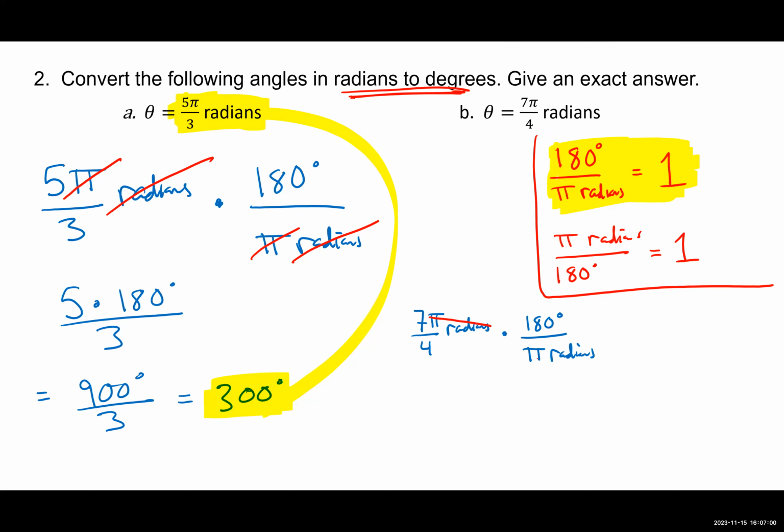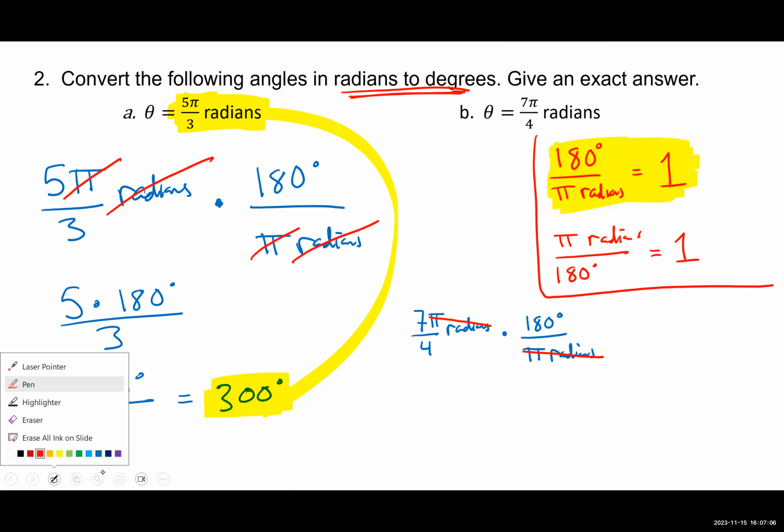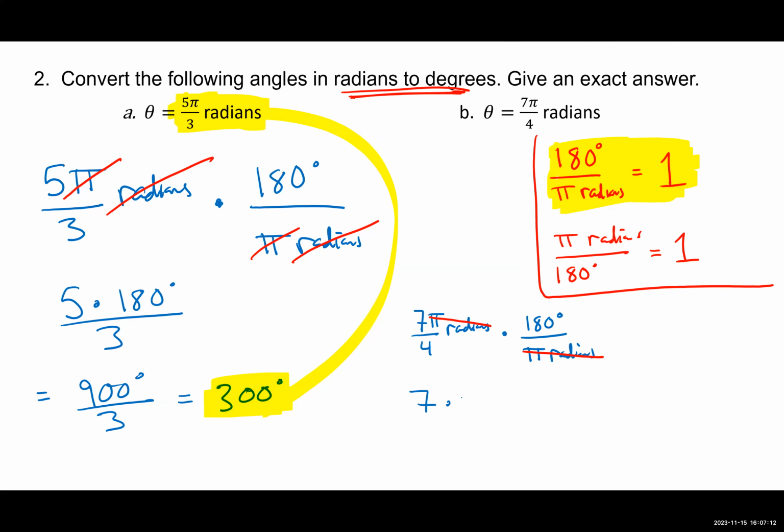So pi radians on top, pi radians on the bottom, cancel. We get 7 times 180 degrees, all divided by 4.